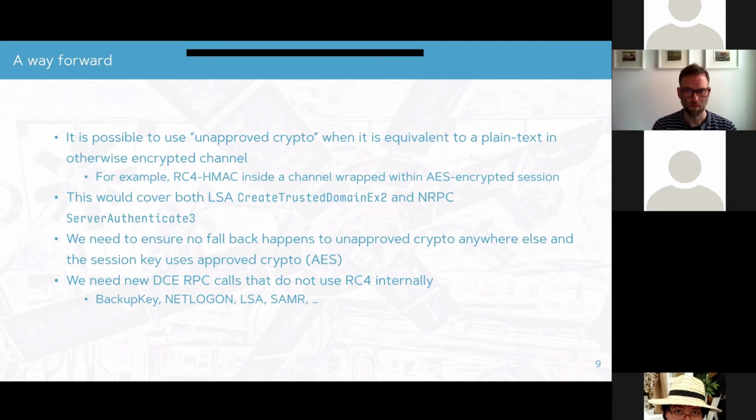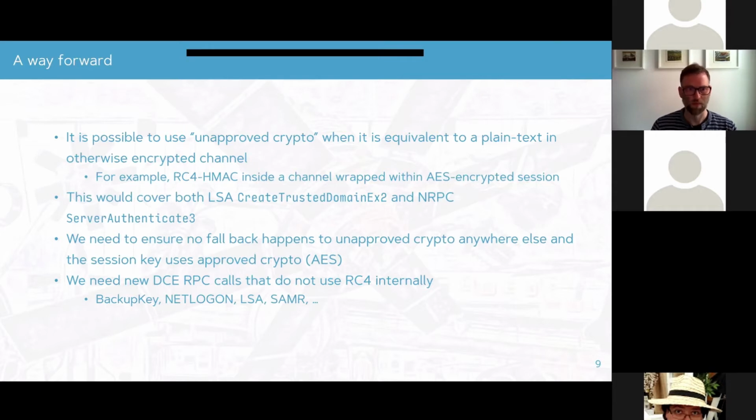You can claim that, for example, RC4 can be equivalent to plain text, which it really is, if you otherwise encrypt the channel with the required and strong encryption methods. Then you can treat the content encrypted with RC4 as just plain text within that strongly encrypted session channel.